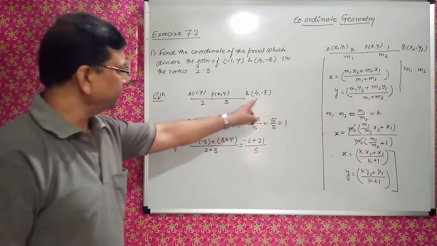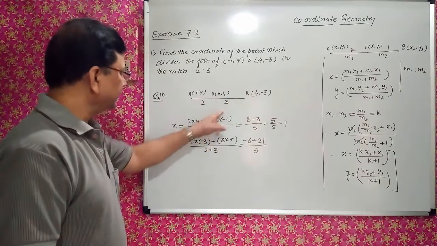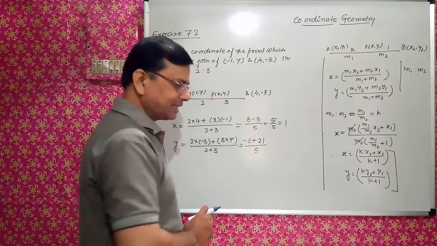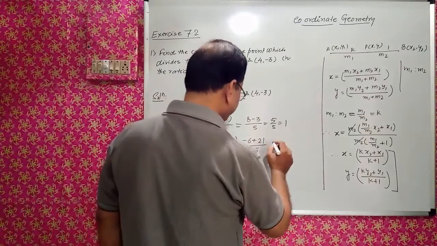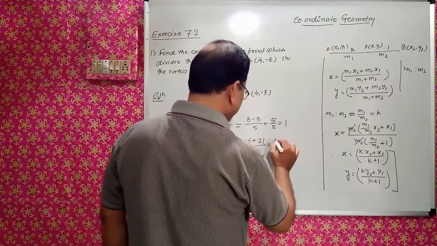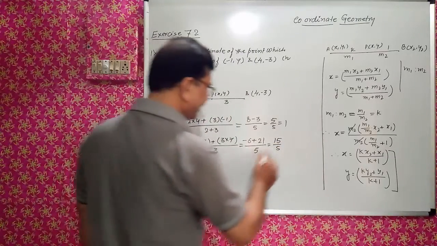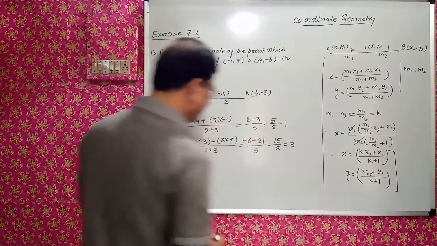So 21 minus 6, how much is it? That is 15 by 5, right? That is equal to 3.